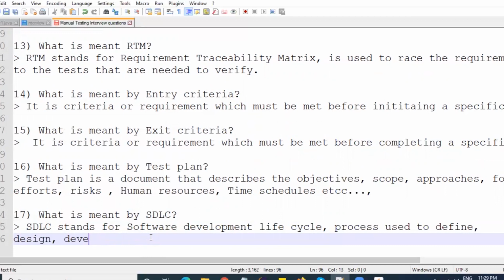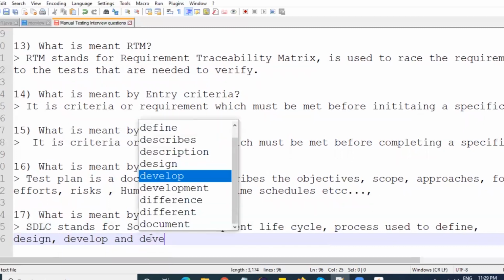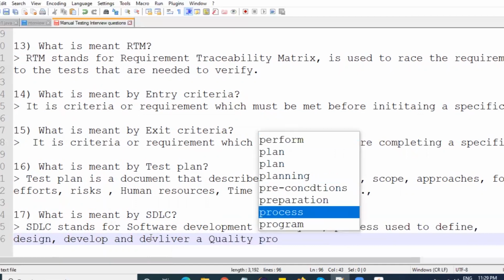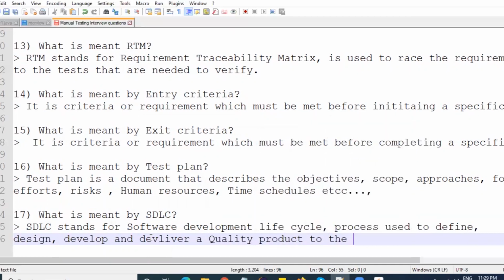Develop and deliver a quality product to the customers. That's it. So if you see these terms, define, design, development: the manager will define what we need to do.